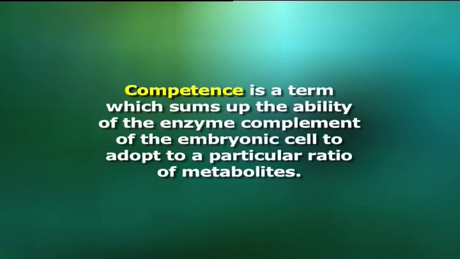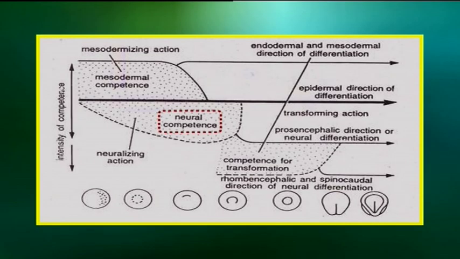Competence is a term which sums up the ability of the enzyme complement of the embryonic cell to adapt to a particular ratio of metabolites. When the ectoderm of an amphibian embryo is transplanted from various developmental stages of blastula to early neurula, it gradually loses neural competence.